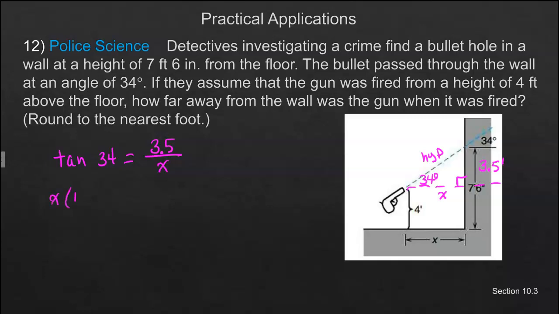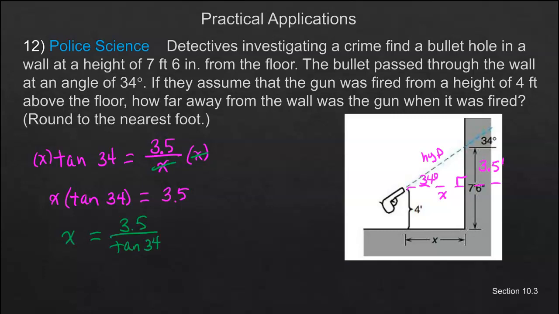That's x times the tangent of 34, because we multiply both sides times x, and that's equal to 3.5. We solve for x by dividing 3.5 by the tangent of 34.